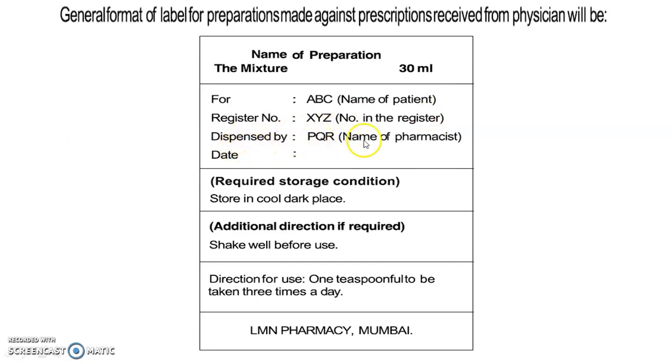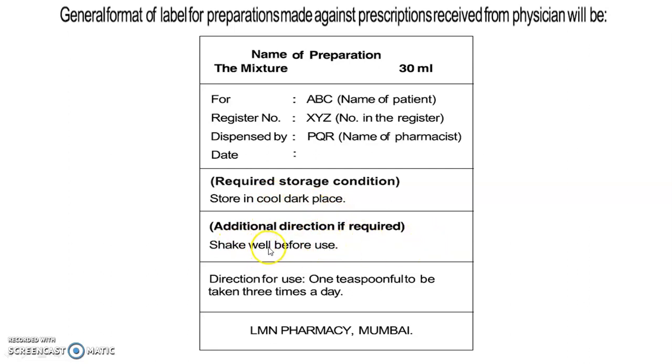Dispensed by means the name of the pharmacist who is going to dispense that particular medicine for the patient, for example PQR. Then the date of prescribing. Then the required storage condition, for example, store in a cool and dark place. Then additional direction if required.